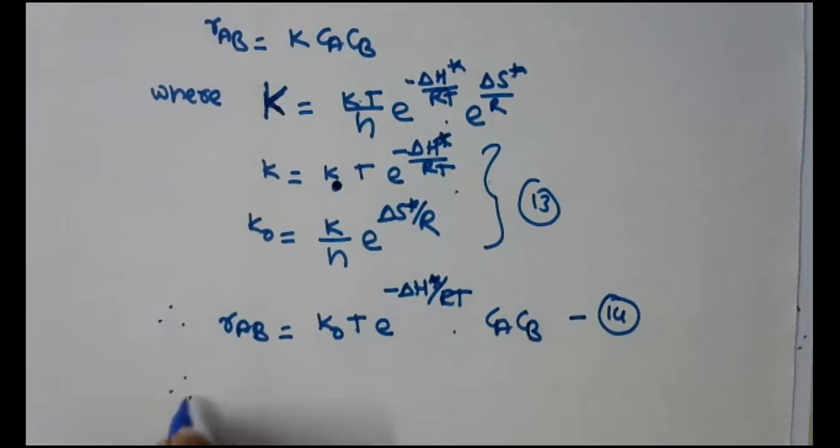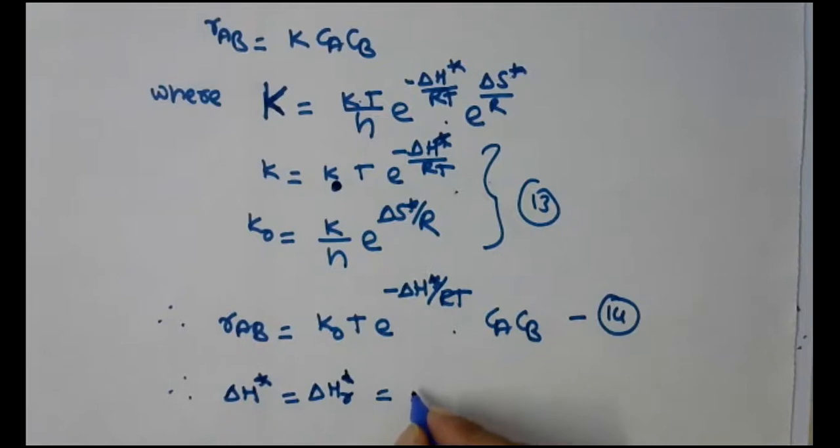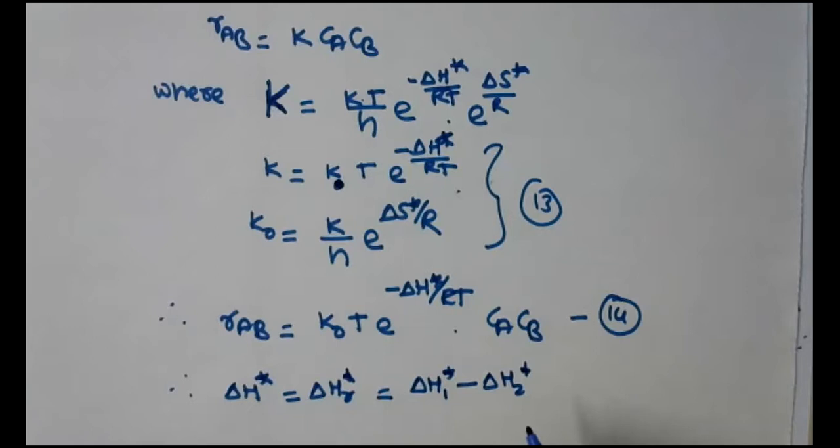And therefore, this delta H star is equal to the heat of reaction, and that is equal to the enthalpy change for the forward reaction minus enthalpy change for the reverse reaction, delta H1 star minus delta H2 star.